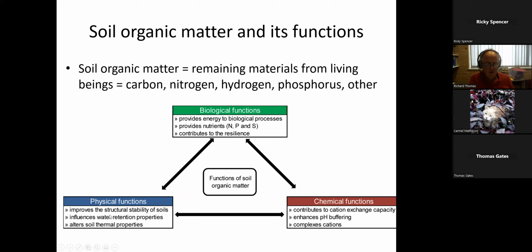The physical functions come from the inorganic material present in the soil, which basically contributes to its structure. And as I've mentioned before, it influences how water is held. Some of the clay minerals can hold huge amounts of water for a very small amount of stuff, and this also alters its thermal properties.